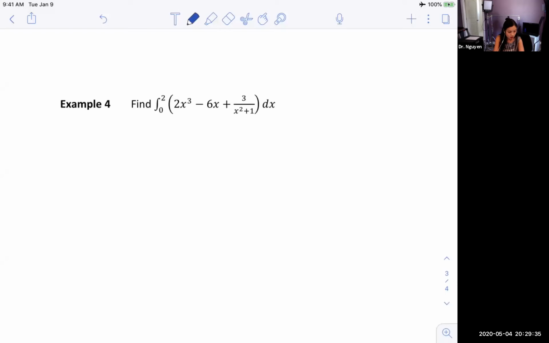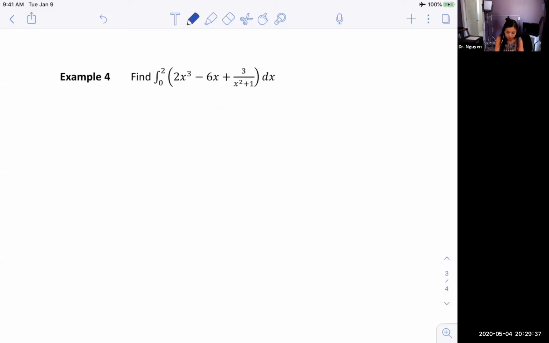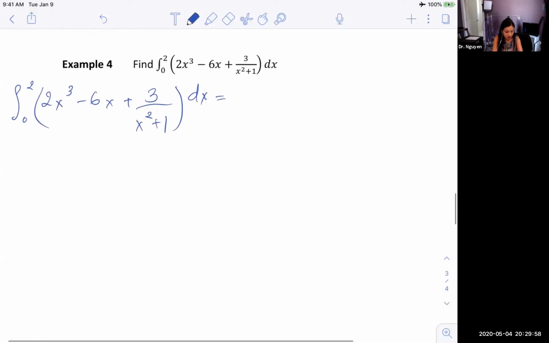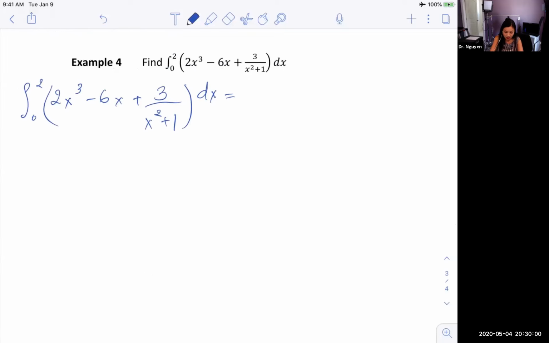All right, so let's do it. 0 to 2, and then we have 2x cubed minus 6x plus 3 over x squared plus 1 dx. I'm going to break it up and evaluate.